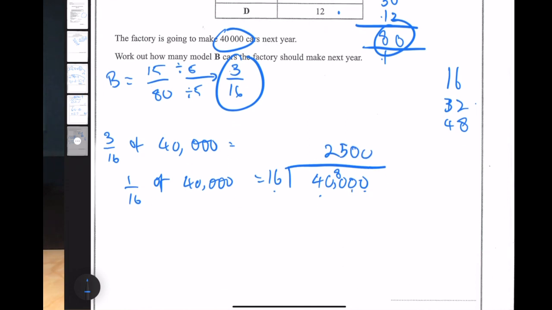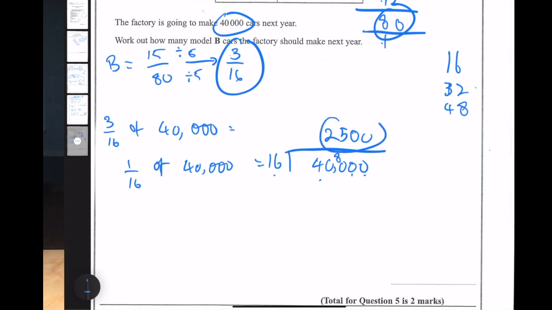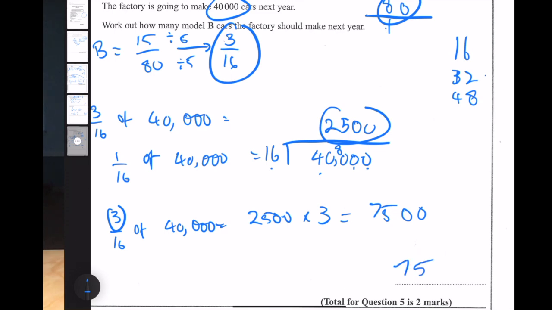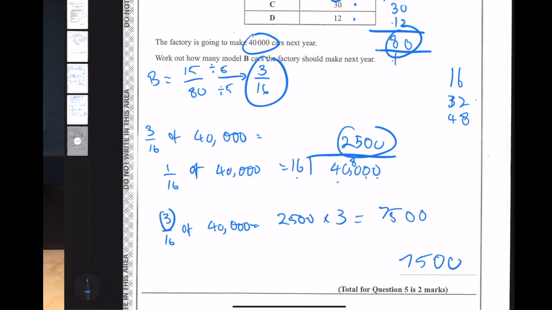So 1/16 of 40,000 is 2,500, and that means 3/16 of 40,000 equals 2,500 times 3, which is 7,500. So 7,500 out of the 40,000 is equivalent to 3/16, isn't it? Great.